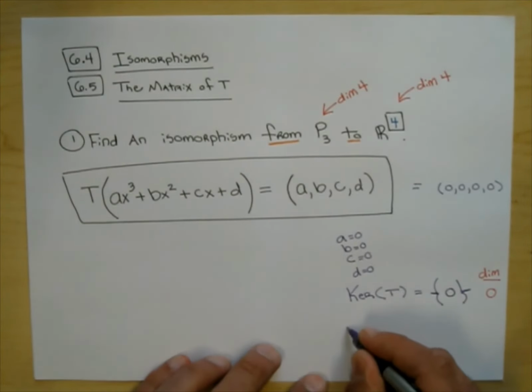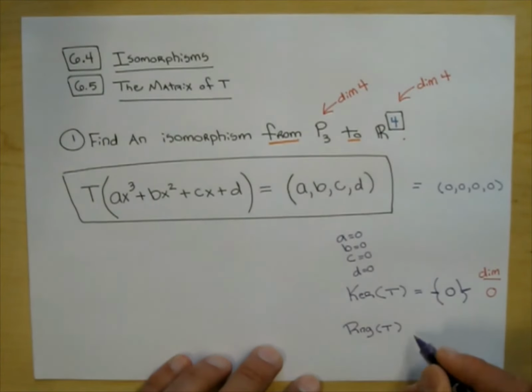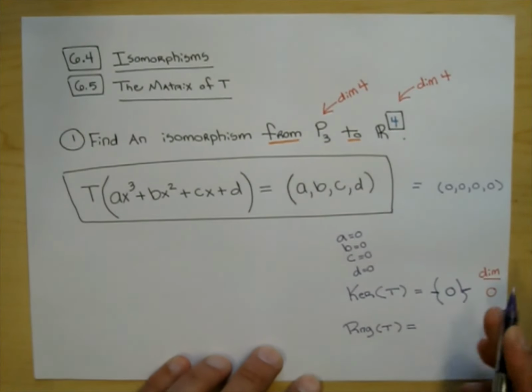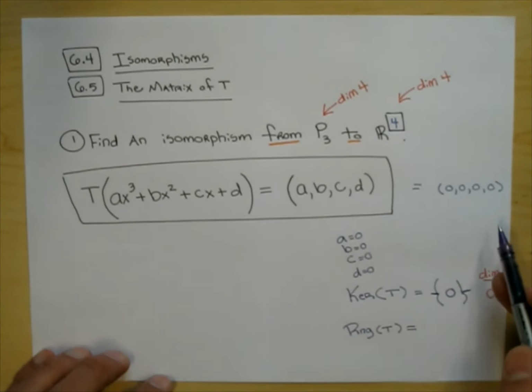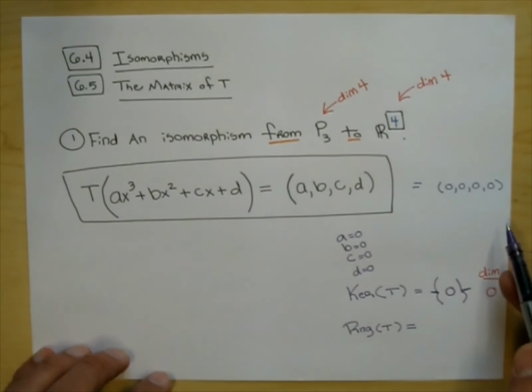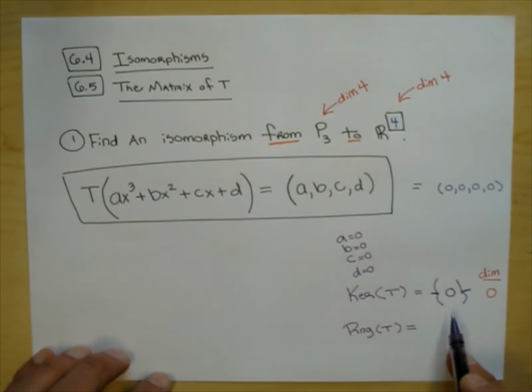Now, the range we could do as well. I mean, now some of you are thinking, well, why didn't you do null space and column space? We don't really have to here, because we just saw that A, B, C, and D have to be 0. Now, if you wanted to write the null space of some matrix, you can, but we're not going to do that.